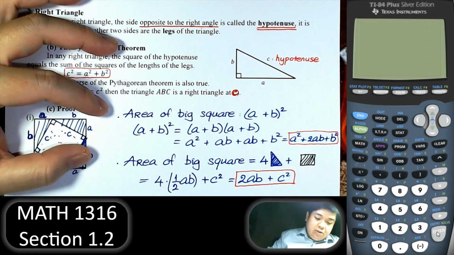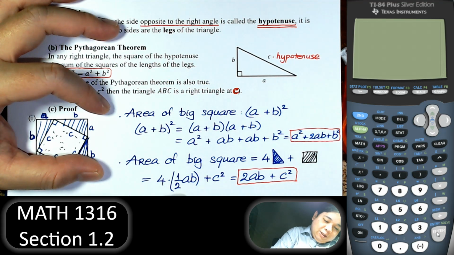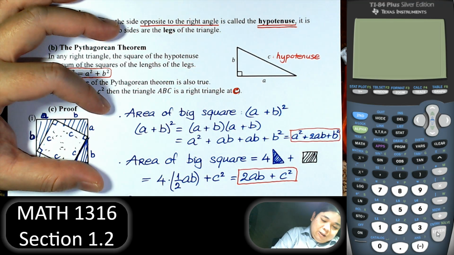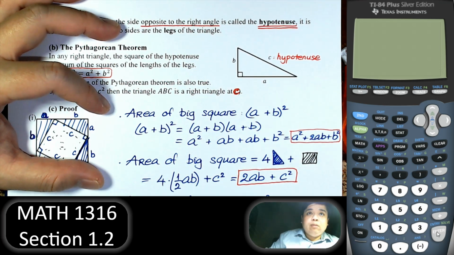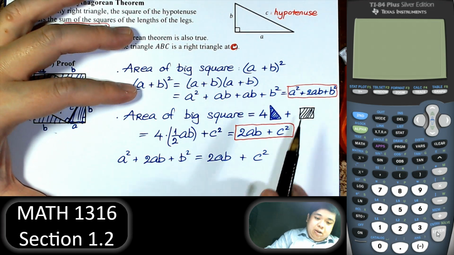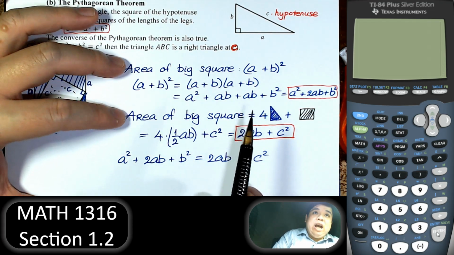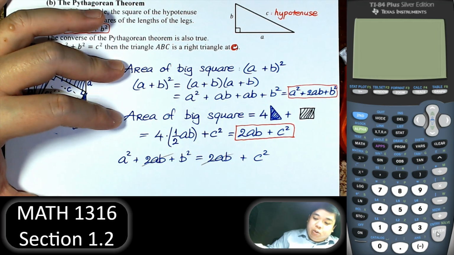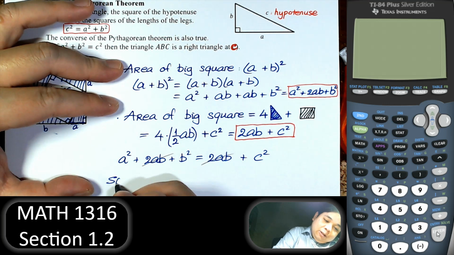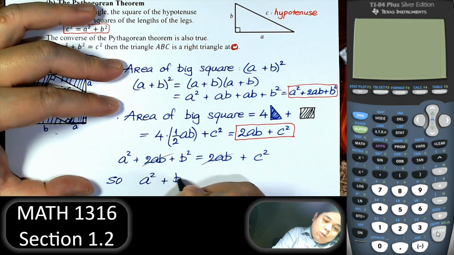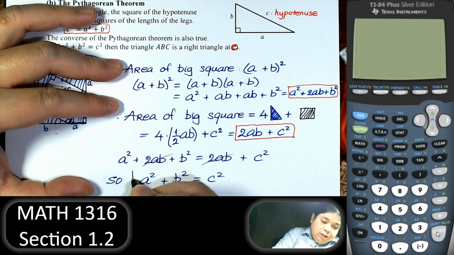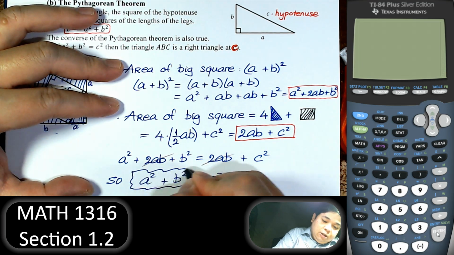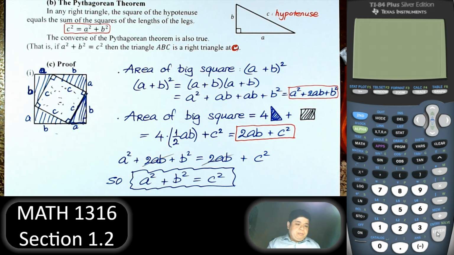Because both of them are equal to the area of the big square, we make them equal and cancel 2AB on both sides. So A squared plus B squared equals C squared. So that is a simple proof.